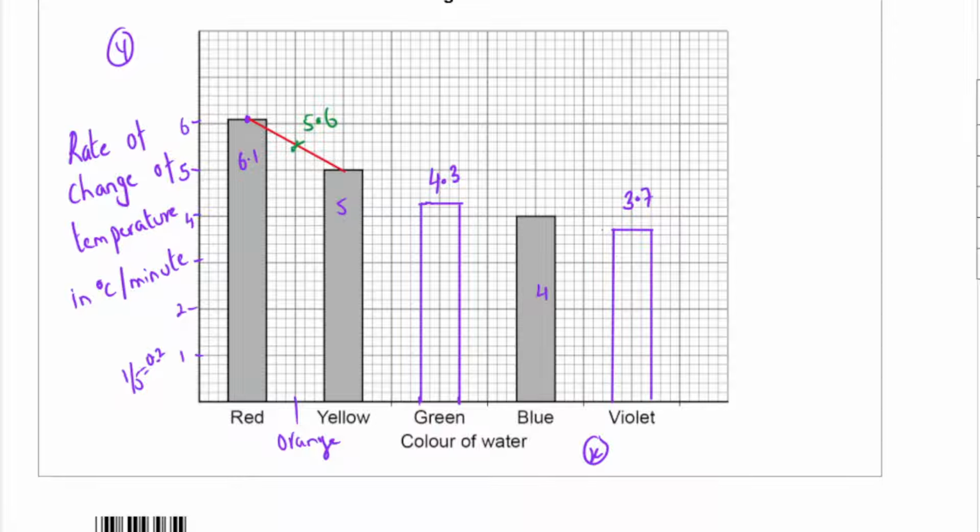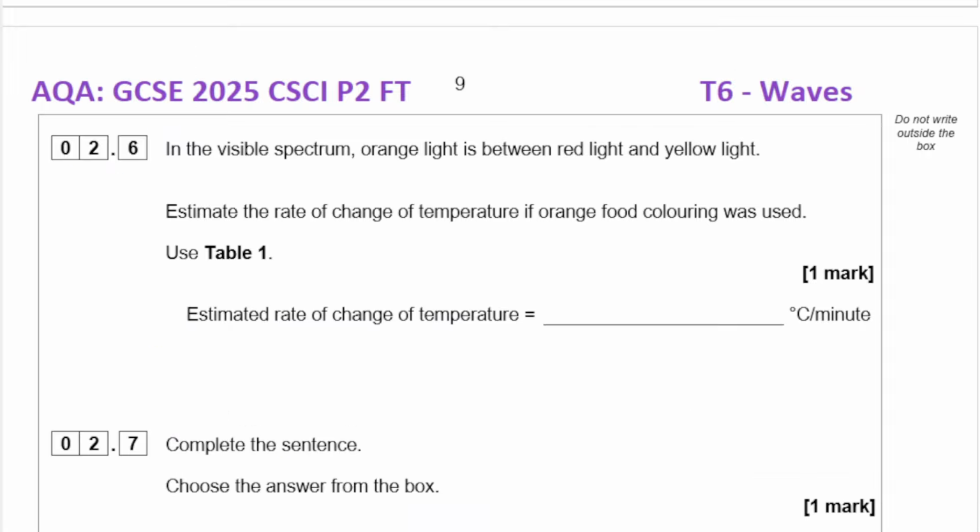That should be enough. So we'll write the answer as 5.6. Now the marking scheme actually will accept any answer between 5 to 6.1.